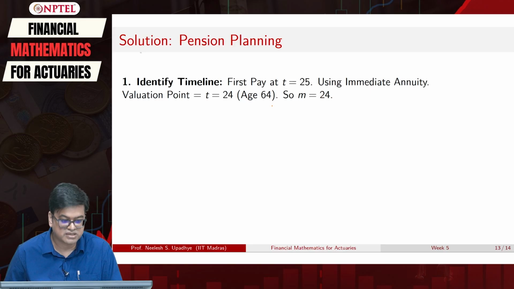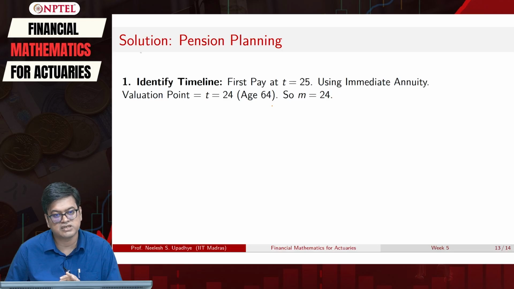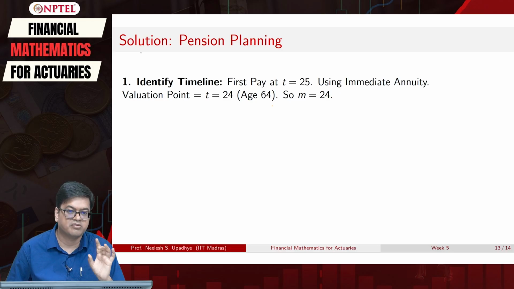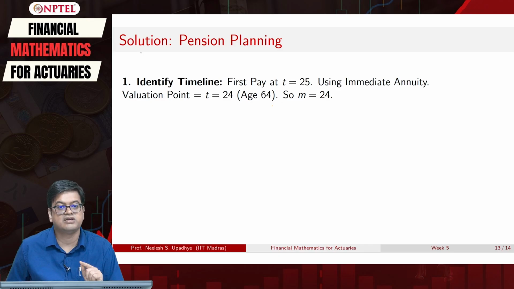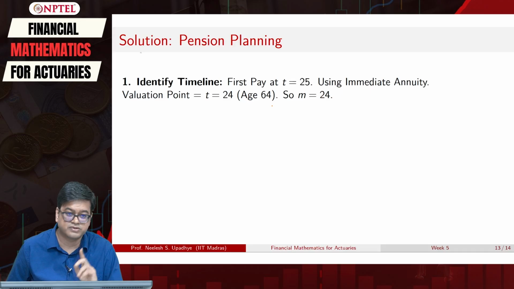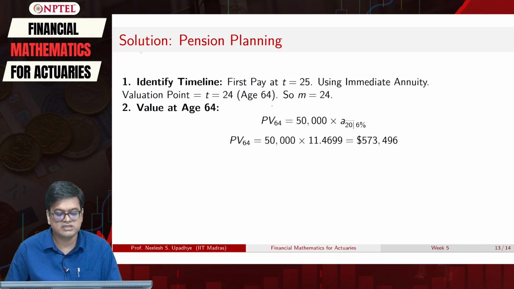No brainers here. Then what do I need to do? In step 2, I have to calculate this annuity for 20 years at 6% interest rate and then multiply by the value 50,000 that I want at that particular point. That will give me the present value at the age of 64. That is what we will do now, and you can see that the clean calculation will give you this answer.